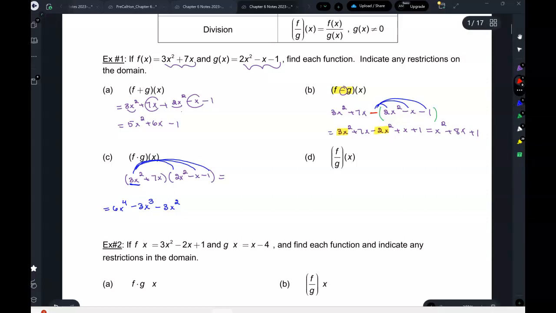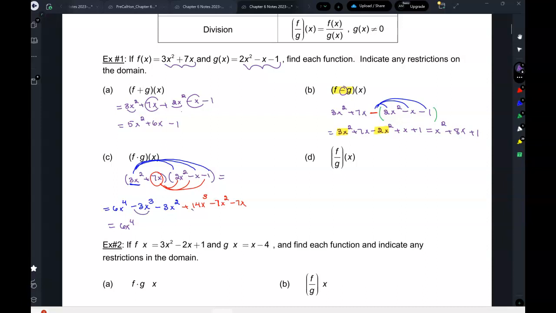Now I'm going to take this term and distribute it. So plus 14x cubed. Thank you. What's the next one? Fabulous. Awesome. Okay, good. So now let's see if there's any like terms. 6x to the 4.